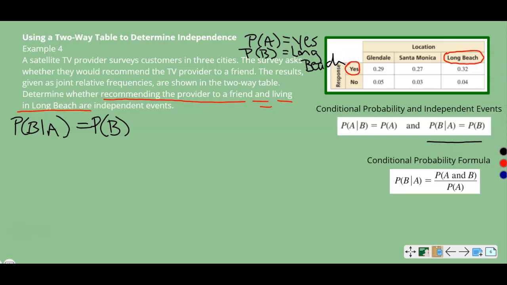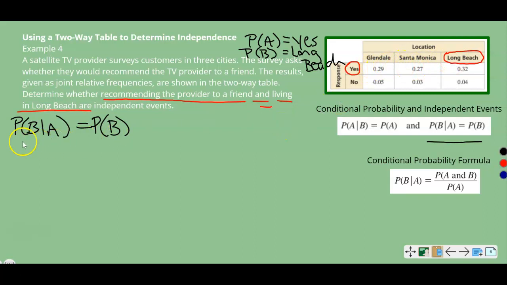That just keeps straight what we're thinking about as A and B, and the only reason I chose that is the order it's written in. Recommending the provider to a friend, that's our yeses. If you did not recommend it, it would be a no response. And living in Long Beach rather than these other two places.